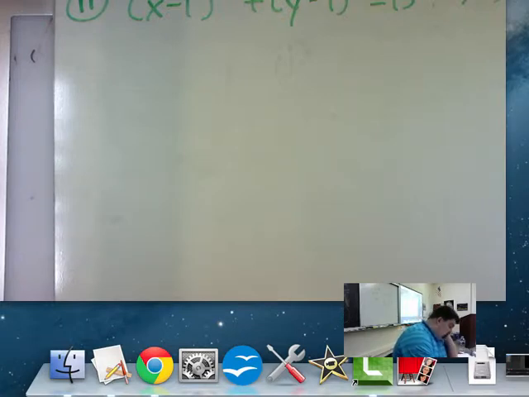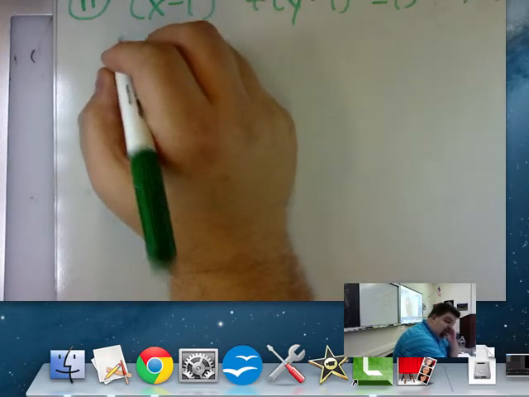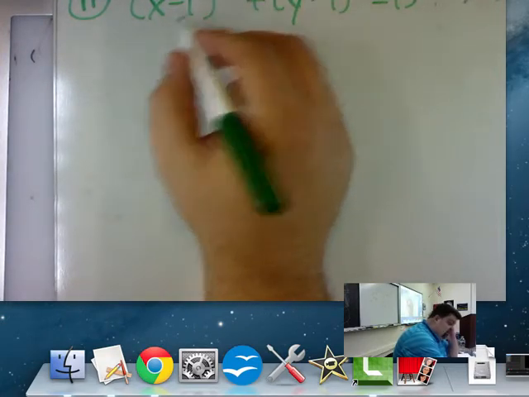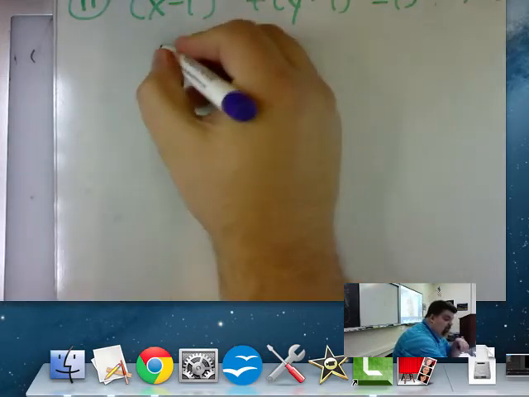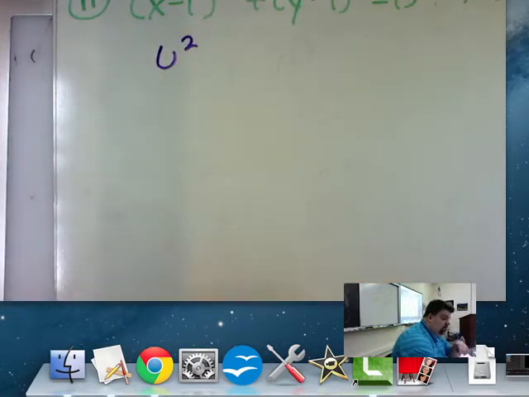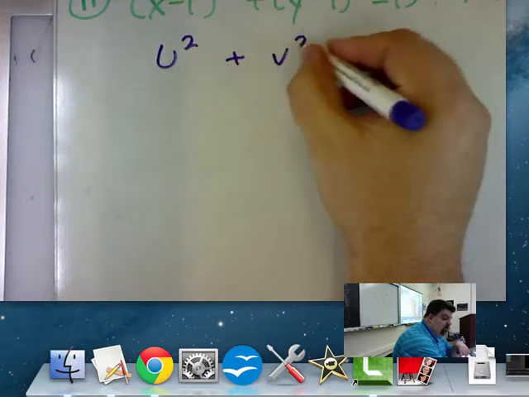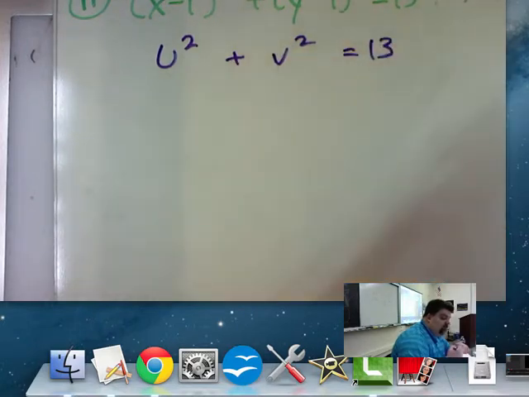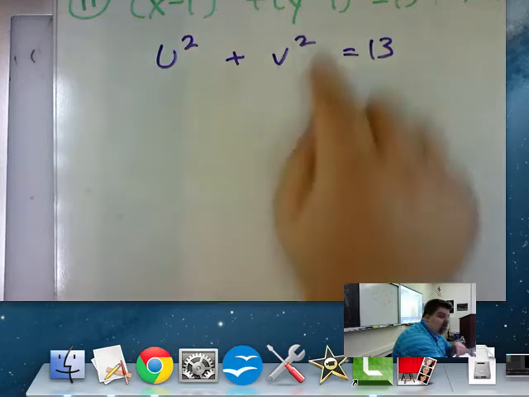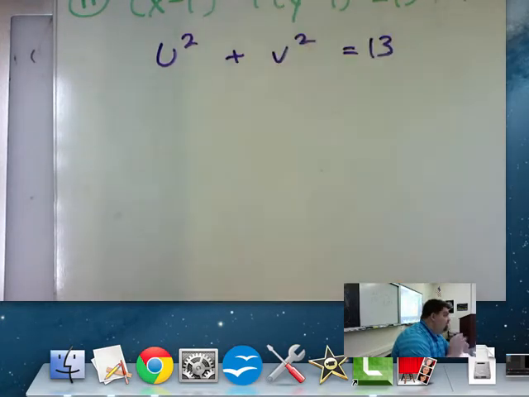If I were to apply the power rule, we would treat this like u squared plus v squared equals 13, right? And then we have to remember that with the y, we've got to tack on the dy/dx.